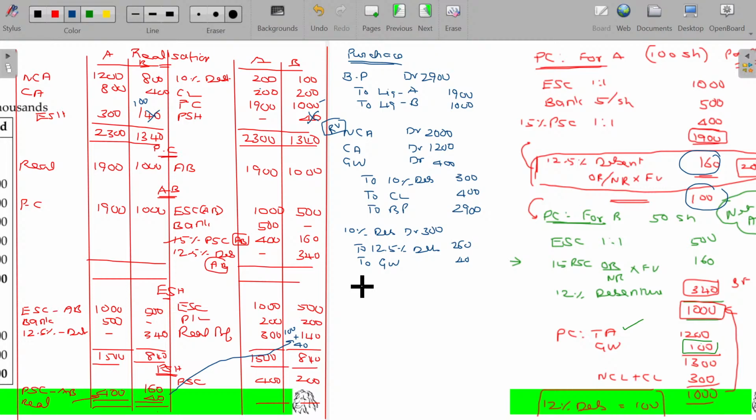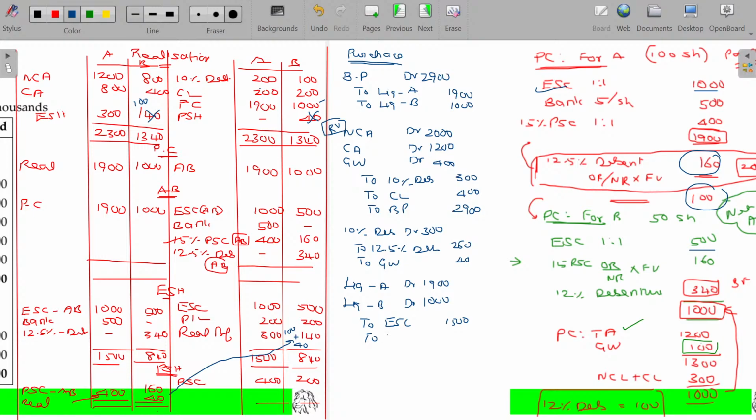Now we'll go for settling the liquidators of A as well as B. Liquidator of A, debit. Liquidator of B, debit. The amount payable to liquidator A being 1900 and B being 1000. The mode of payment to these two liquidators being equity share capital. The equity share capital of this company, 1000 plus 500, 1500 for both the liquidators put together.